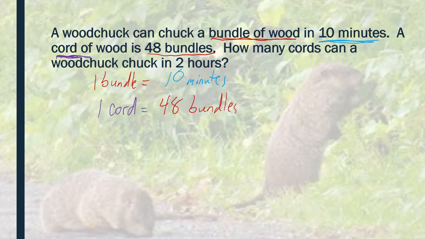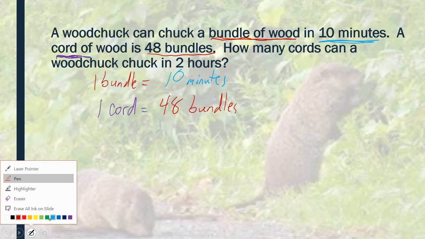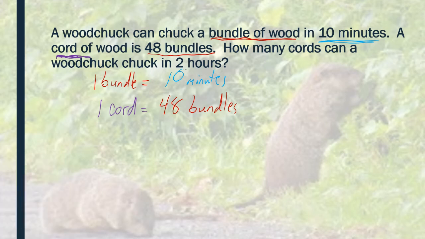How many cords could a woodchuck chuck in 2 hours? So now it's offering us 2 hours. It's occurred to me I've run out of colors that'll pop, so I guess we'll use black. All right, so the "how" is dealing with cords. So that's where we're headed.